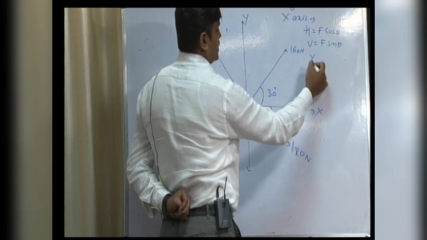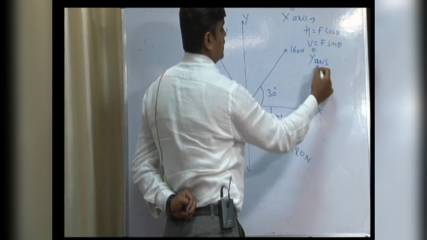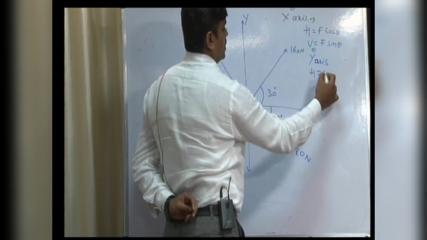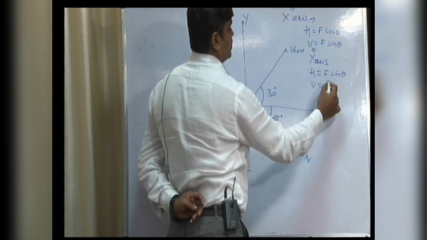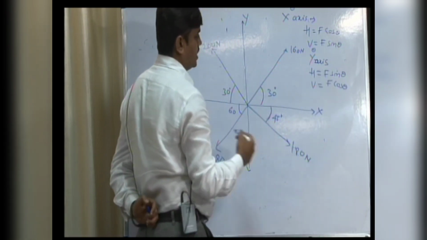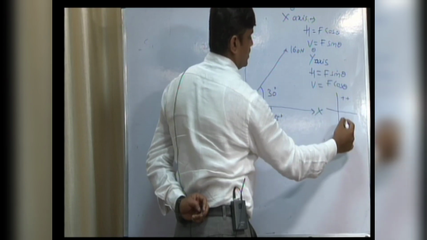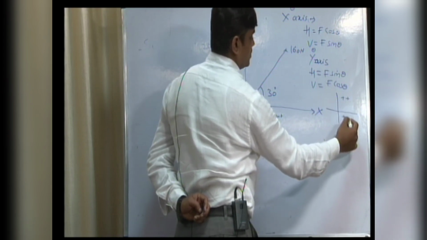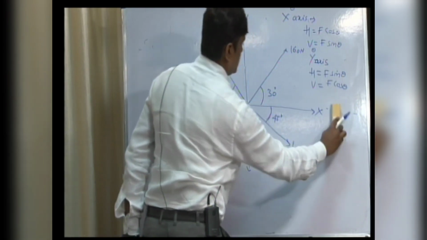And when theta is with the y-axis, h is equal to f sin theta, v is equal to f cos theta. Sign conventions: both positive here, positive, negative, that we'll learn later while solving the problem.